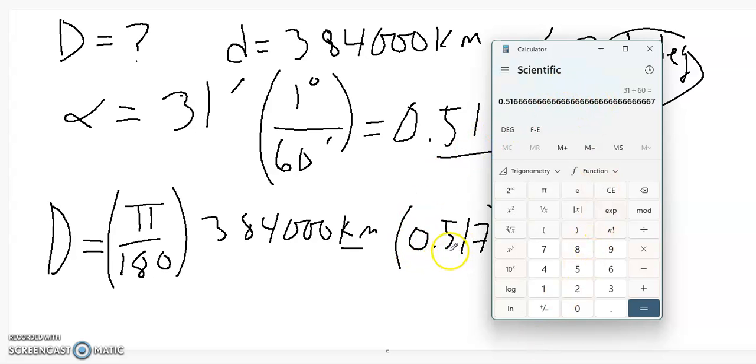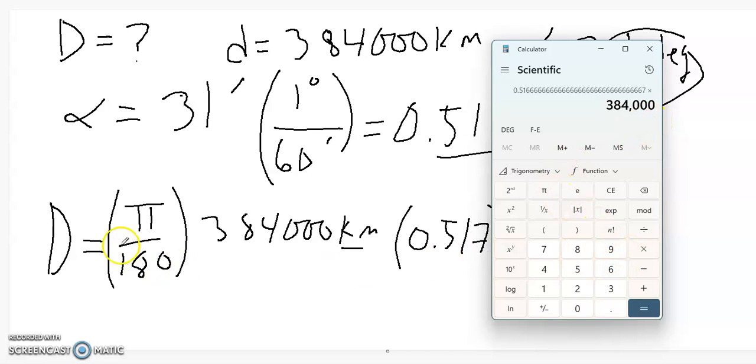Notice I already have the unrounded 0.51666, right? All right, so I'm just going to take that and multiply by our distance to the moon, which is 384,000. That's just an approximation.